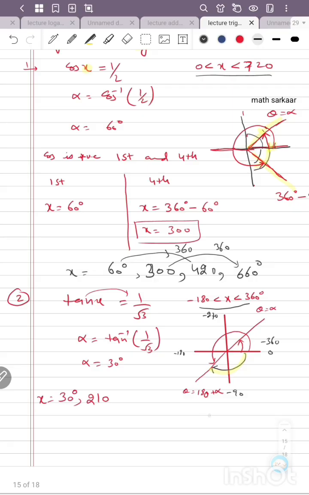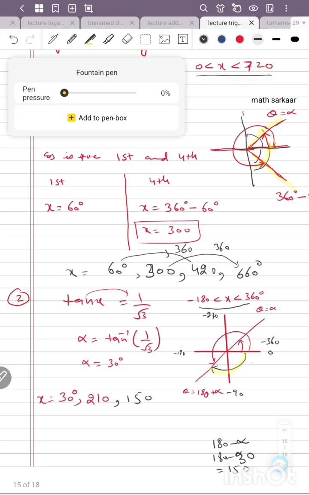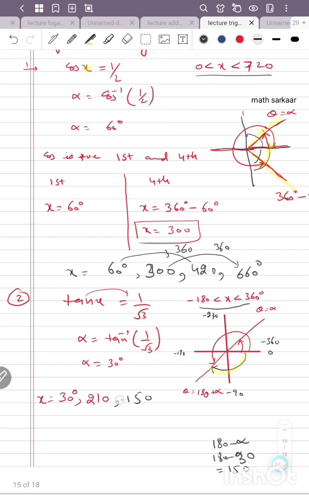We know that in the second quadrant the answer is 180 minus alpha, and alpha is 30, so we get 150. But here the sign will be changed. Why does the sign change? Because it is moving in the clockwise rotation, so we get the negative. Okay, dear students, I hope you can understand this question's difficulty level.